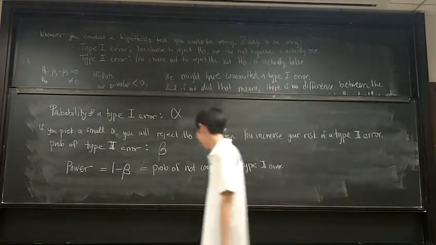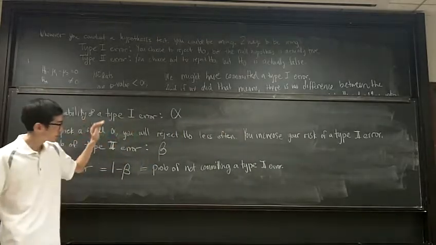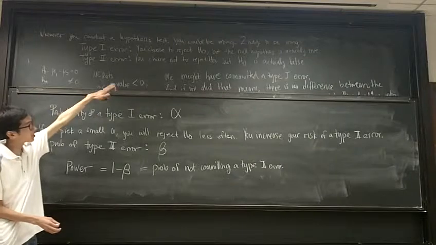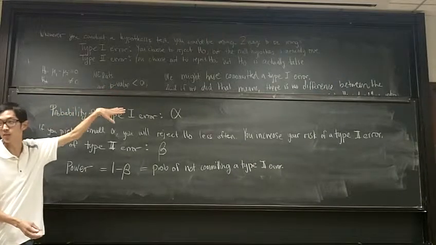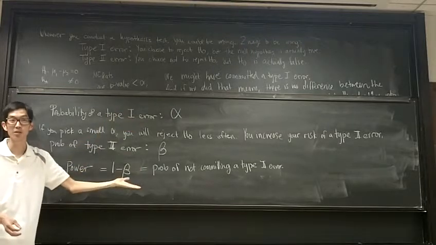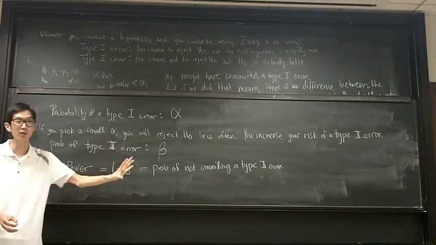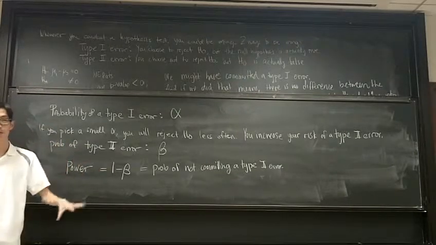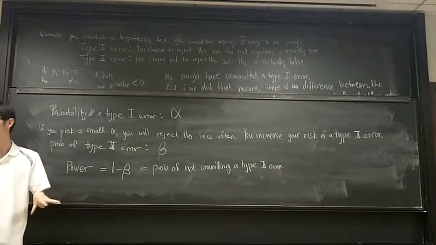Okay. So it's the probability of not committing a type 2 error, so it's choosing to reject the null when the null is false. Is that something you want to do? That's something you want to do. When the null is false, you want to reject it. And power is the probability that you're going to make the correct decision.